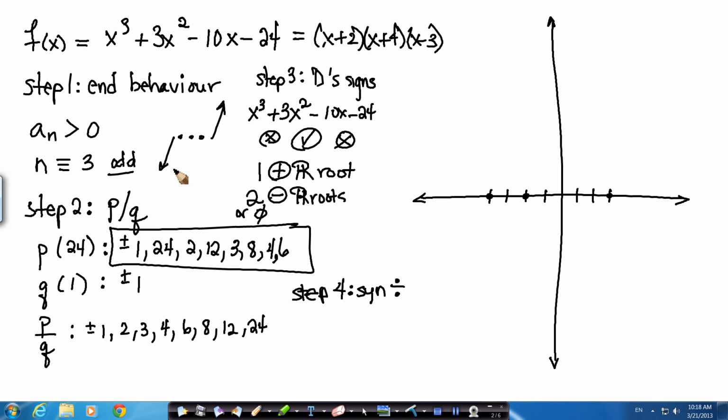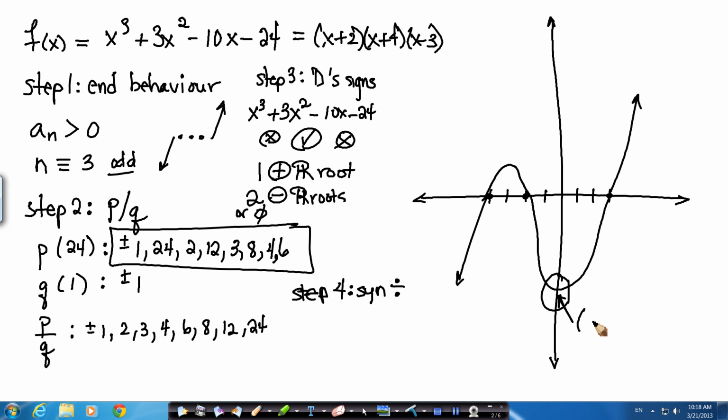Now we know from our end behavior here, we're going to go down at one end, and up at the other end. Now where we cross the y-axis is always good to know. It's always going to be at your constant.